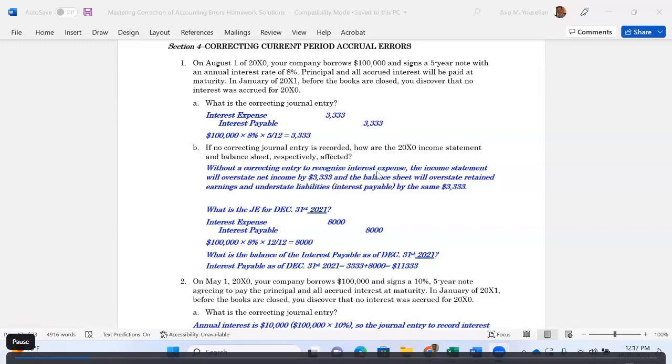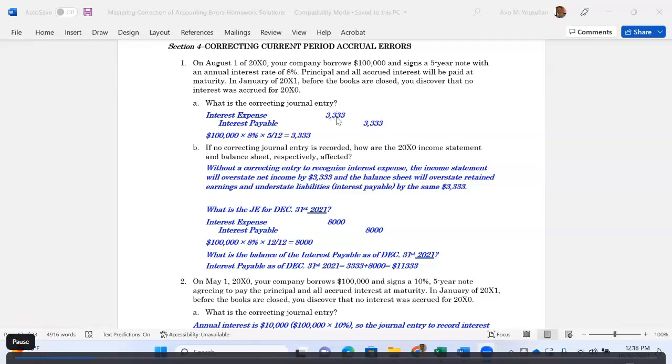Okay. And if you don't do it, it will be misstating the facts, because if you don't record the expense, it will be understated. And if expense is understated, that means the profit, net income, will be understated in the income statement.